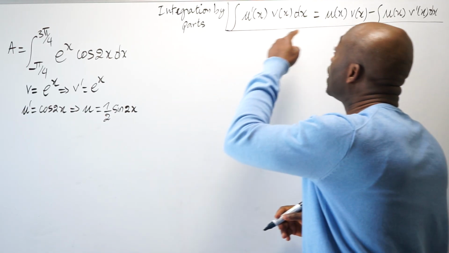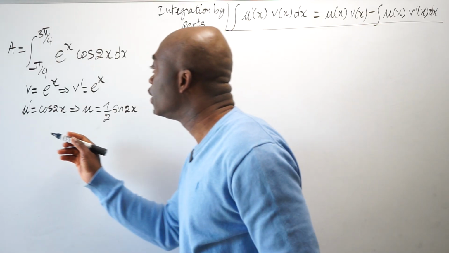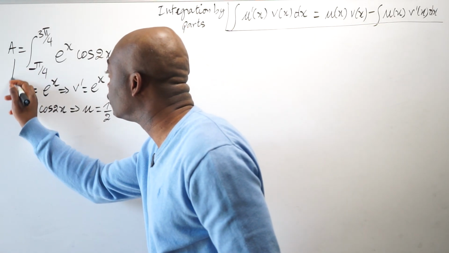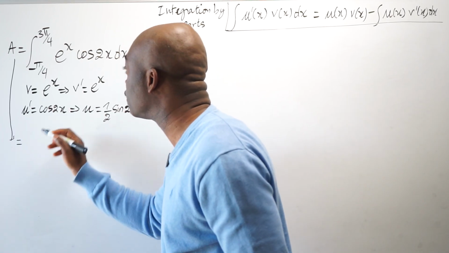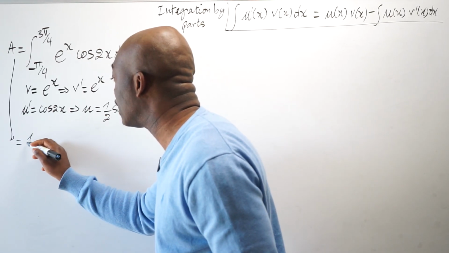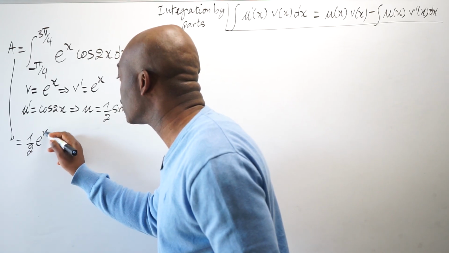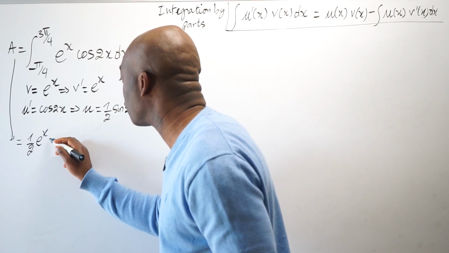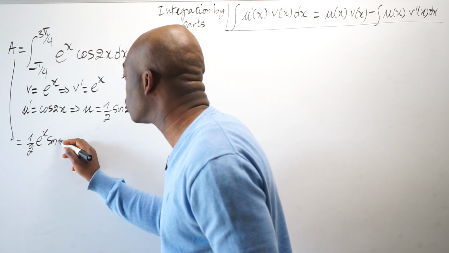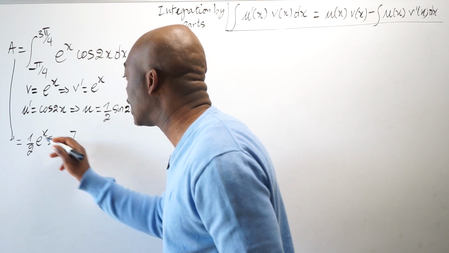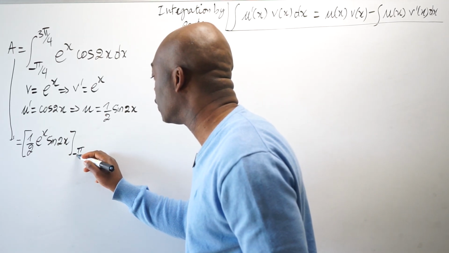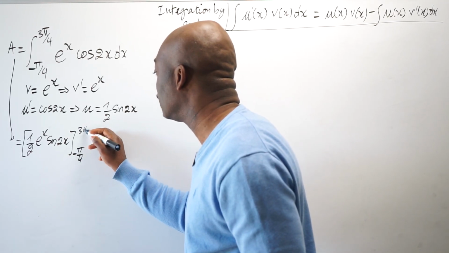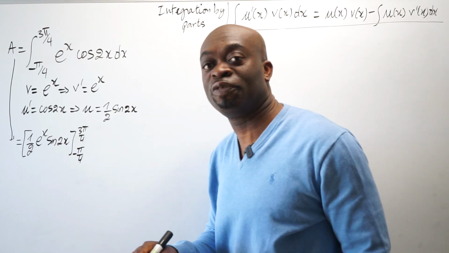Now let's apply the formula. It's u times v. So A will be equal to u times v, which means we have a half times exponential x, and I'm putting exponential x first, times sine 2x, over the range negative pi over 4 to 3 pi over 4. Are you with me?